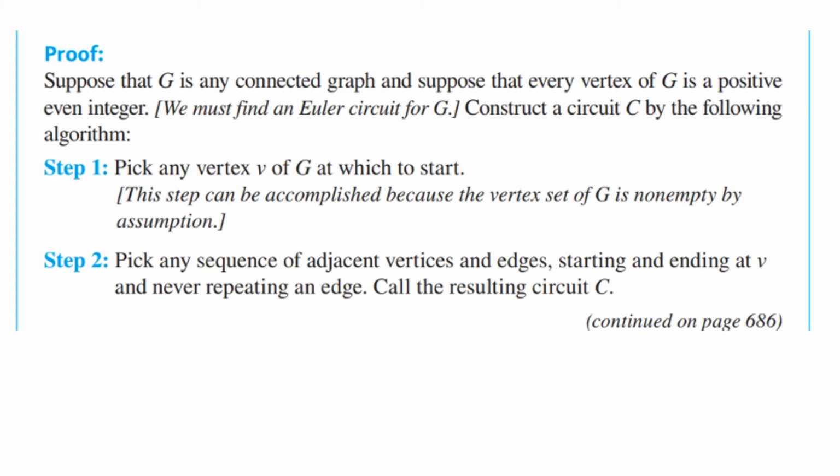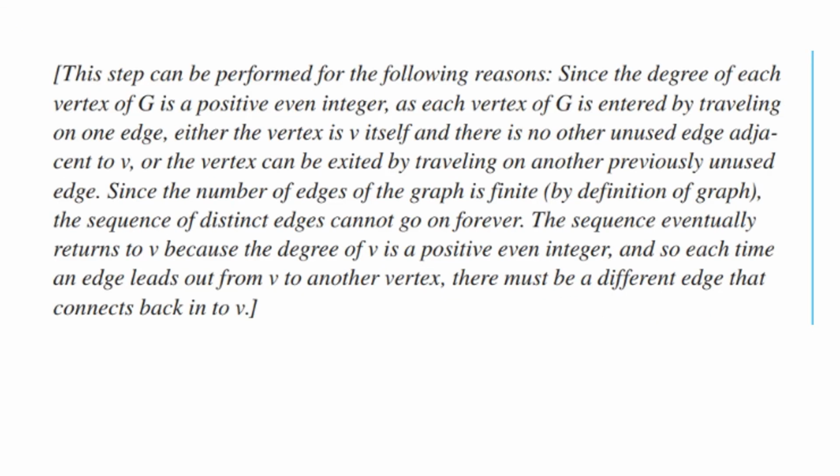Now we do have a circuit, and let's talk about why we can do that. Step 2 can be performed for the following reason. Since the degree of each vertex of G is a positive even integer, as each vertex of G is entered by traveling on one edge, either the vertex is V itself and there is no other unused edge adjacent to V, or the vertex can be exited by traveling on another previously unused edge.